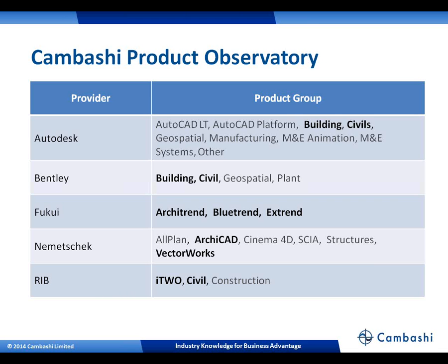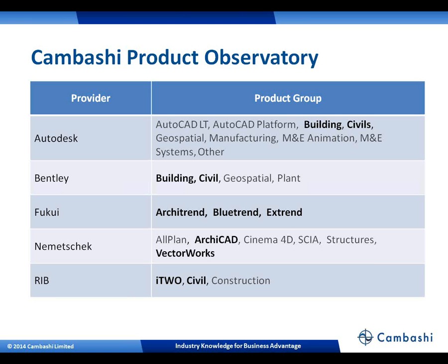On the right-hand side of this table, you can see the product group categories available in the Product Observatory for each of these providers. There are 9 categories for Autodesk, 4 for Bentley, 3 for Fukui, 6 for Nemetschek, and 3 for RIB. So of these 25 categories for these 5 vendors, just 11 compete for the same business as imaginary.